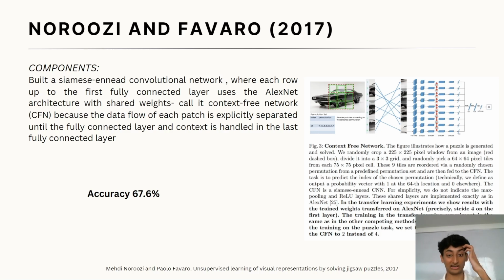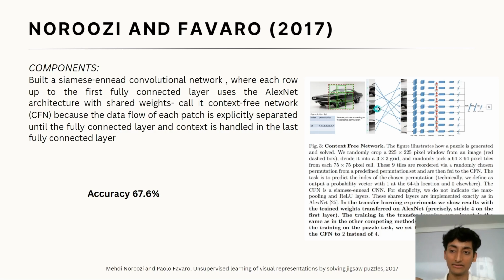They use it for feature extraction, and they used a shared weights mechanism. They also decided to call it a context-free network, or CFN for short, because the data flow of each patch is explicitly separated until the fully connected layer, and context is handled in the last fully connected layer.